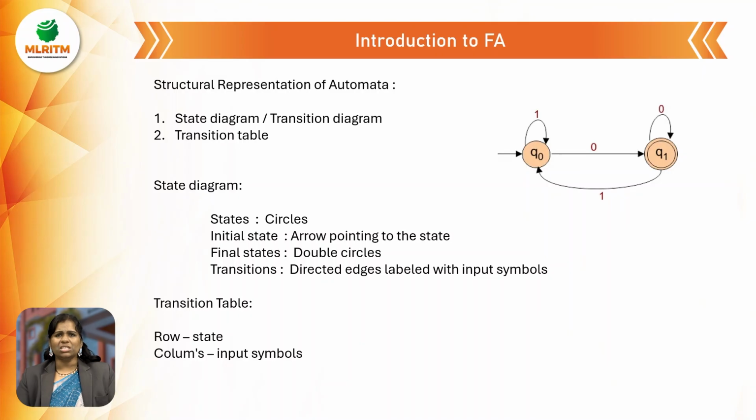In the transition diagram, a single circle represents a state. A circle marked at the starting of the diagram is known as the initial state.